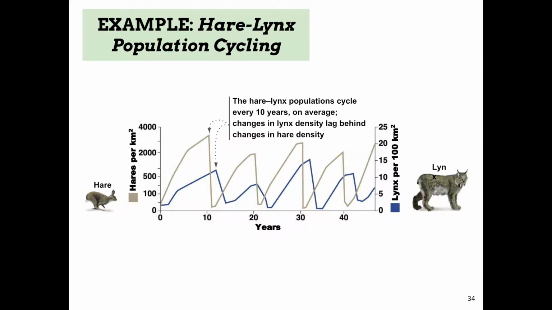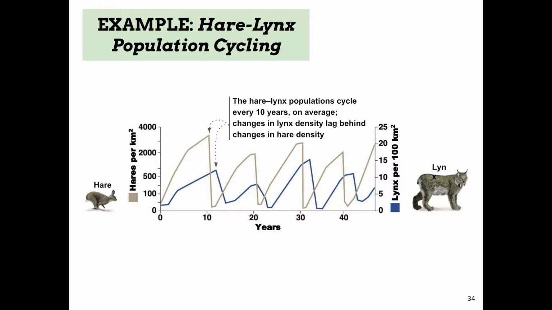Another example is the hare lynx population, and we call this cycling. And when we analyze population cycles, we are able to get a pretty productive way of understanding how intraspecific, that means in a particular species, and inter, that means between different species, we get a good way of being able to understand how those two density dependent factors interact.